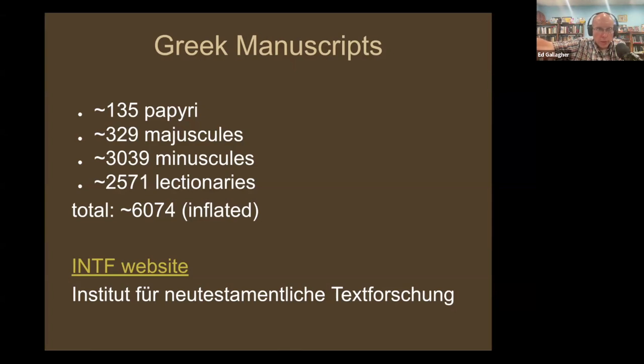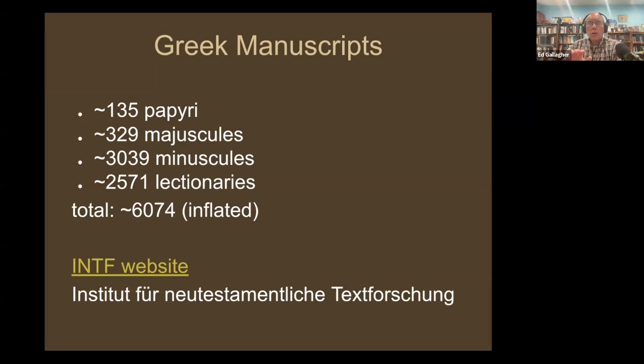Not all, like 135, and there we don't have 135. I mentioned these are the numbers you get from the website. We'll talk about those numbers when we go to the website here in a little bit, but we don't actually have 135 papyri. It's going to be less than that. I don't know exactly how many, let's say 120 or whatever.